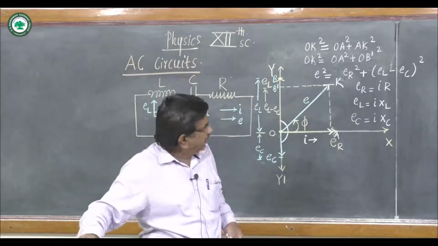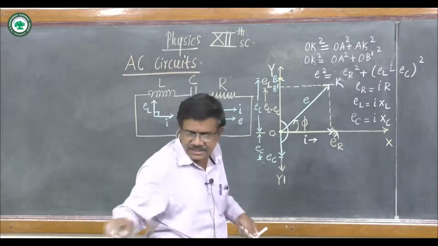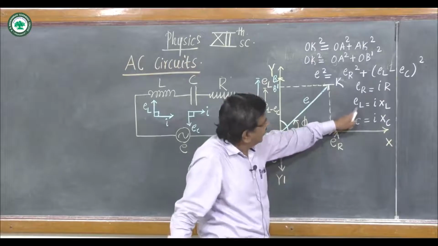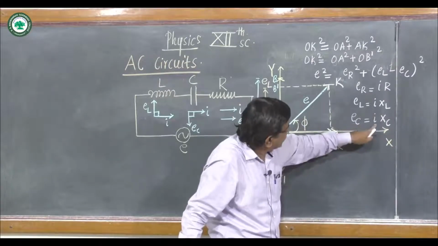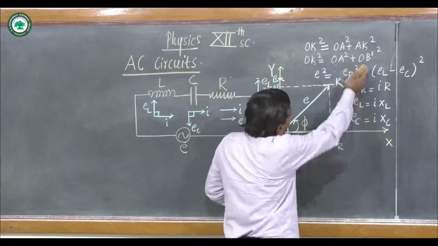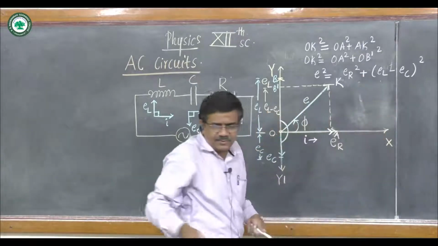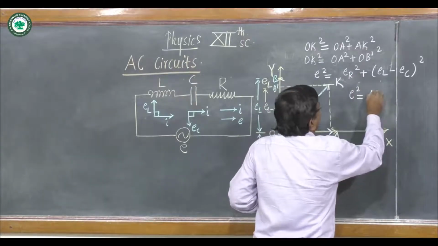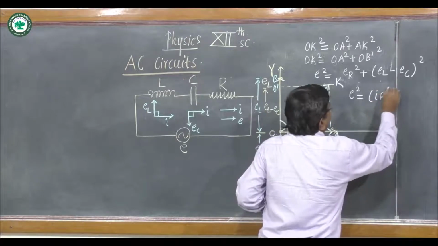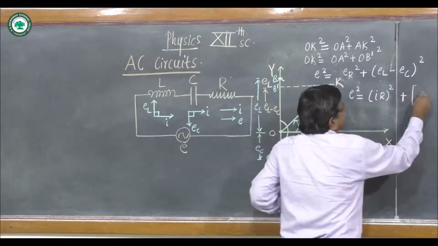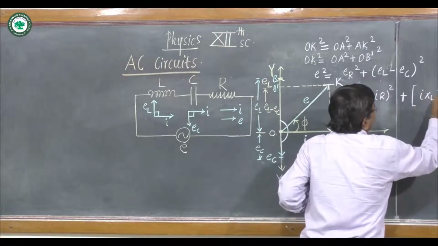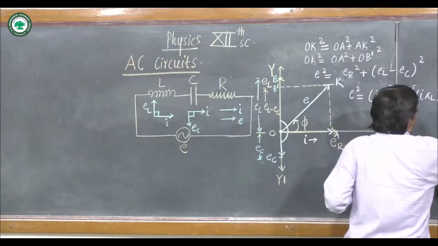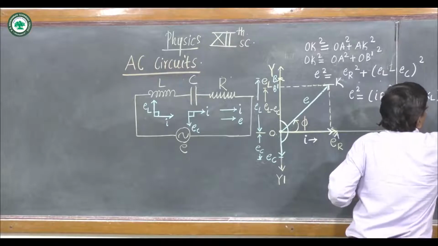Hence, substituting ER is I into R, EL is I into XL, and EC is I into XC, we get E square is IR its square, plus IXL minus IXC its square.